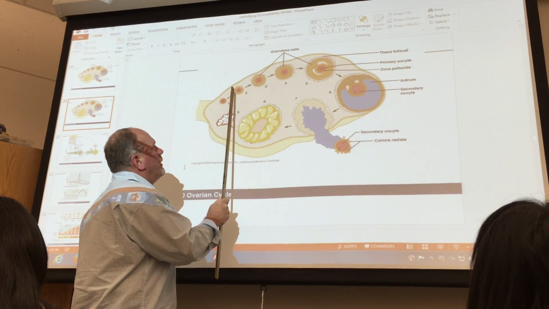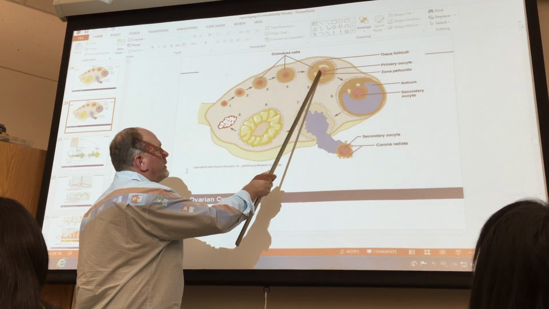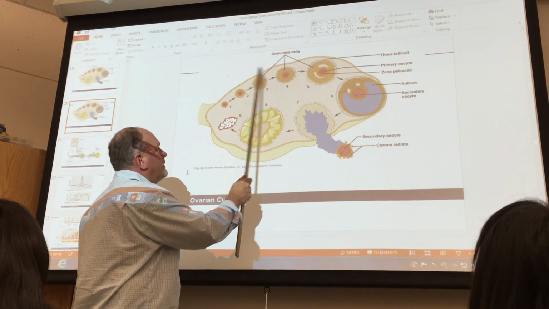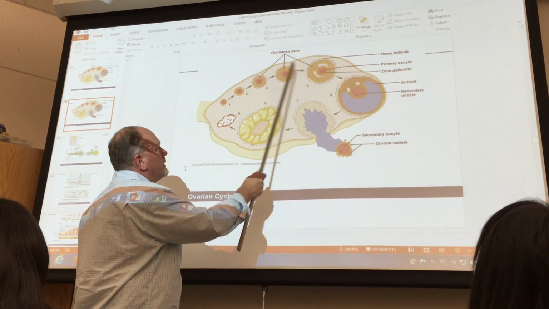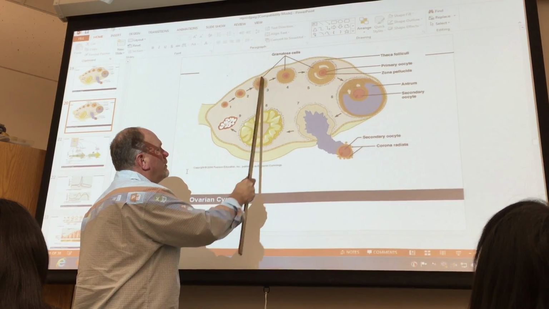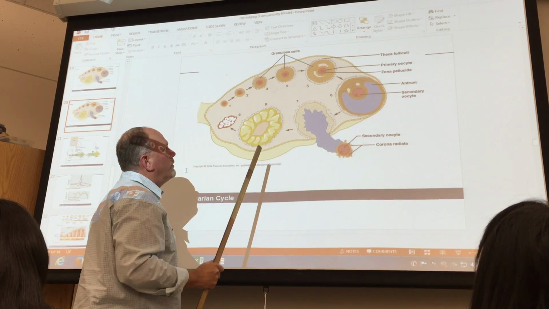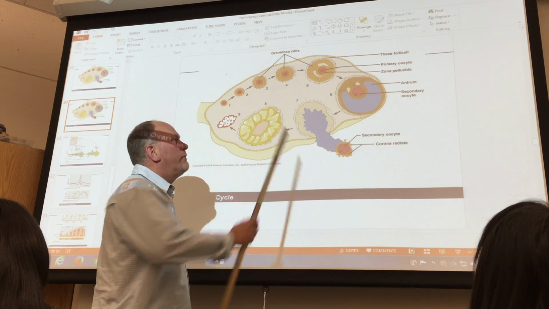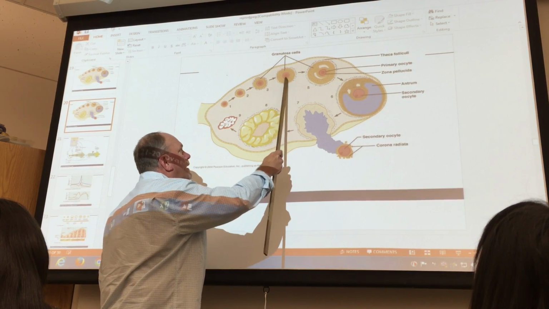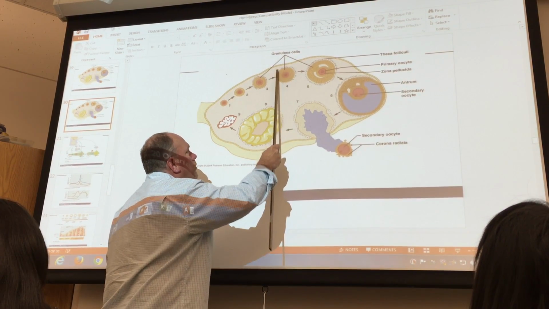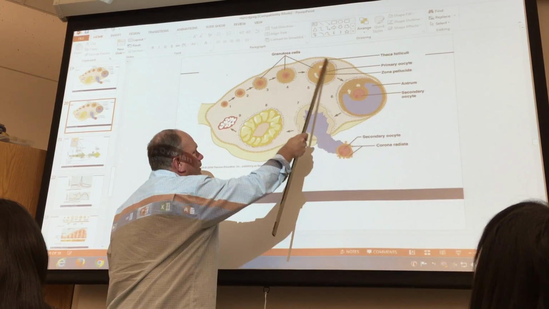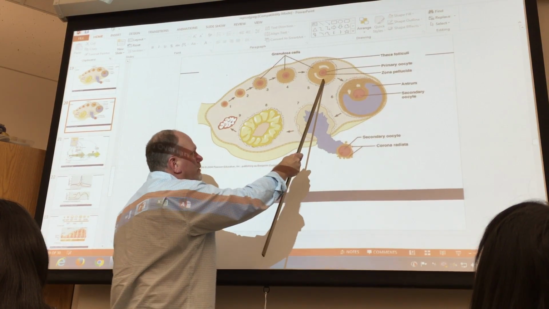And so we are developing the oocyte. You'll notice the oocyte is staying about the same size. And we're going through this process, but the cells around it, which we just talked about in your notes, are called the follicle cells. So we've got an oocyte, and then we've got these granulosa or follicle cells that are surrounding them, and they're the ones that are actually growing.